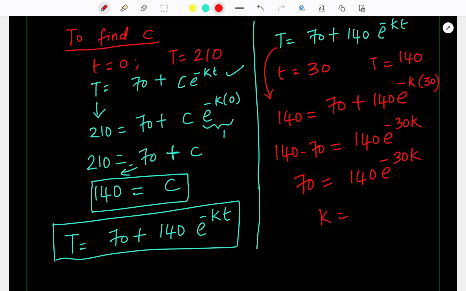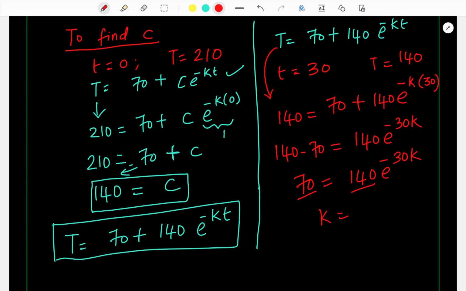Still the calculator is working. I told you, this equation itself is taking more time. It will come, otherwise we need to simplify more. How? 70 divided by 140, we can do it and make it simple. Then after that we can put it in the calculator.